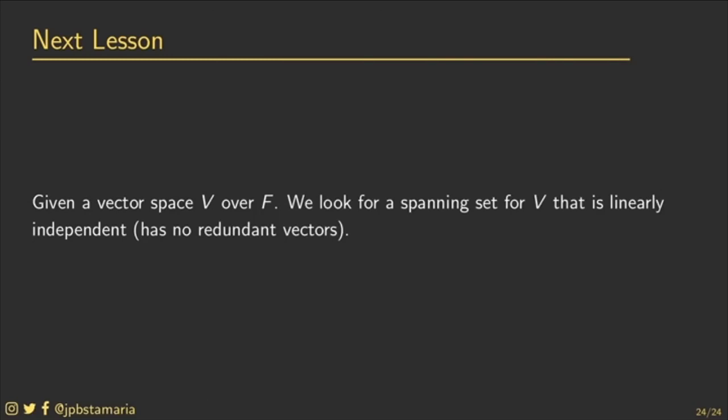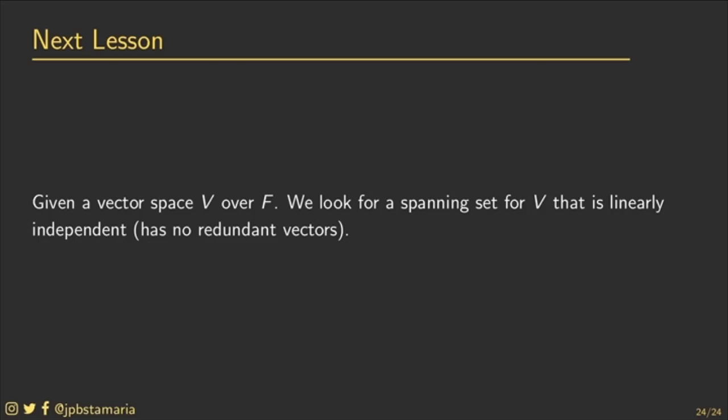In the next lesson, we're going to do the following. If you're given a vector space V over F, we're trying to look at a spanning set of V that is as small as possible. And by as small as possible, we mean a spanning set that has no redundant vectors. I mean, that is linearly independent.